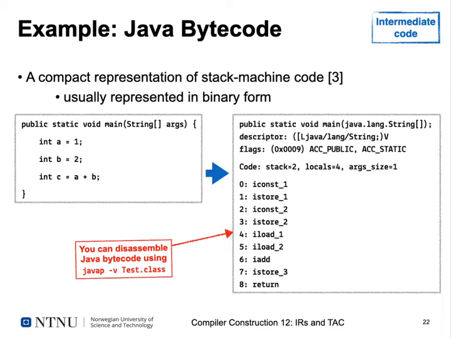Then we load our operand 1 onto the stack, which we just stored here. Then we load our operand 2 on the stack, which we just stored below here, which are the constants 1 and 2 by coincidence. Then we execute iadd, which removes these 2 top elements on the stack and pushes the result on the stack, and this is then stored into the location of our third variable here.